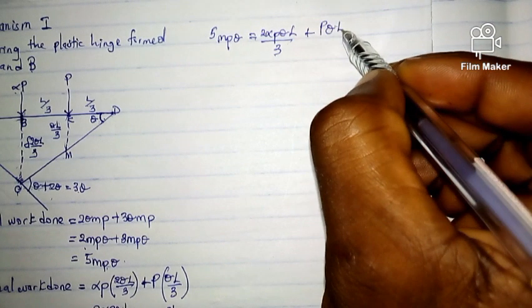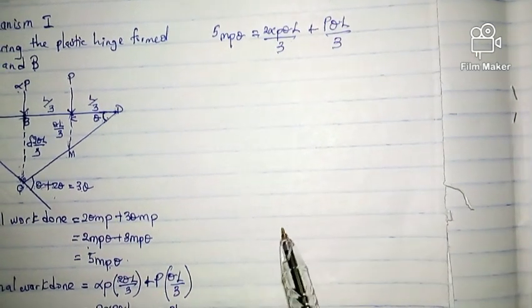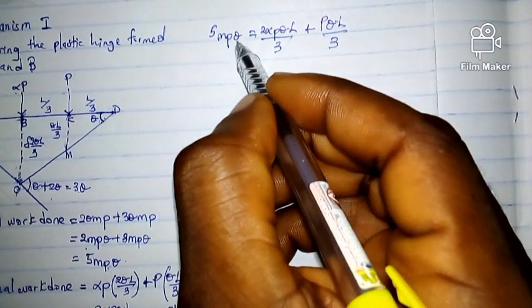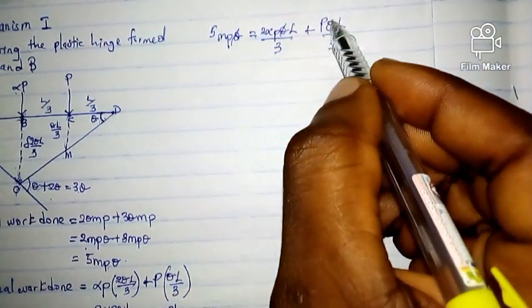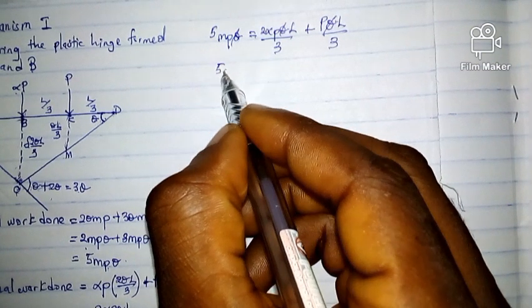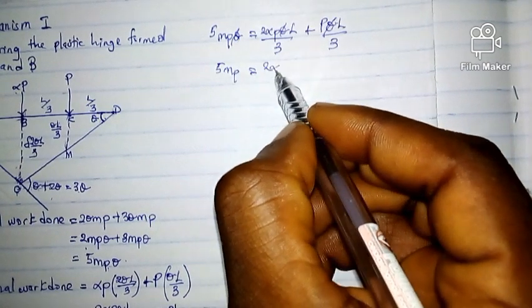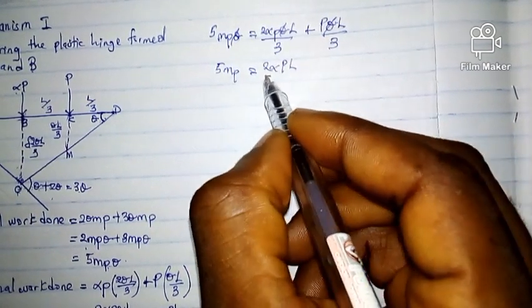Then remember, this theta goes off with this, so you are left with 5 MP equals 2 alpha PL all over 3 plus PL all over 3.